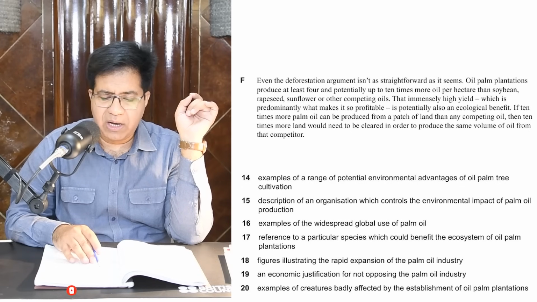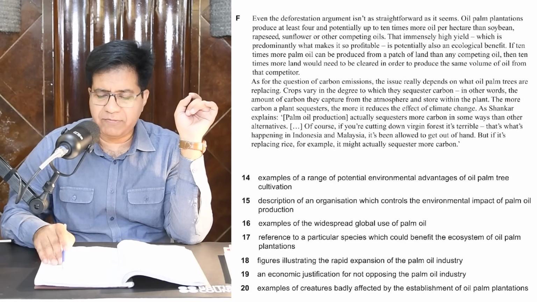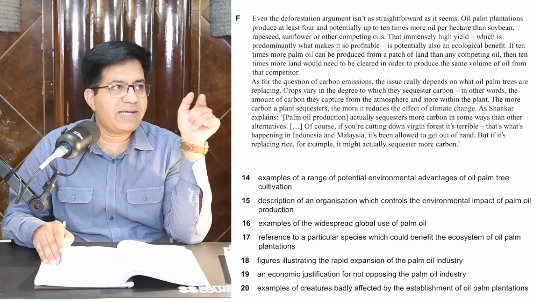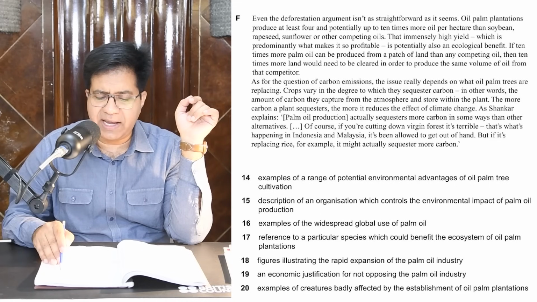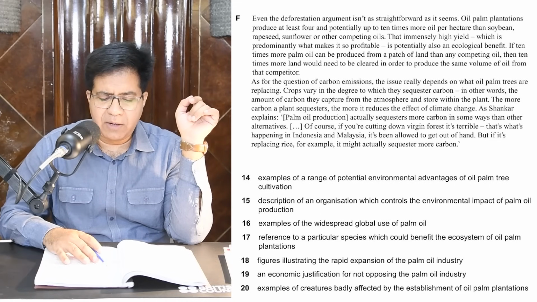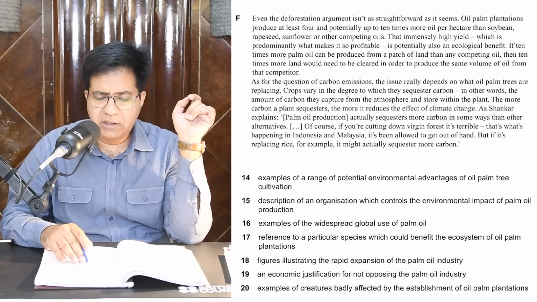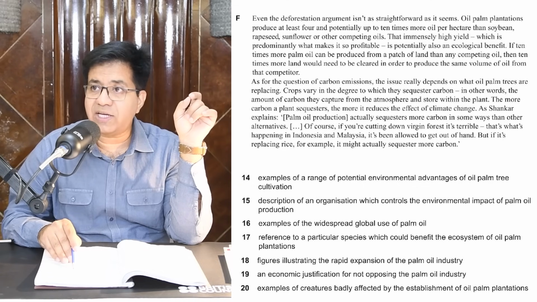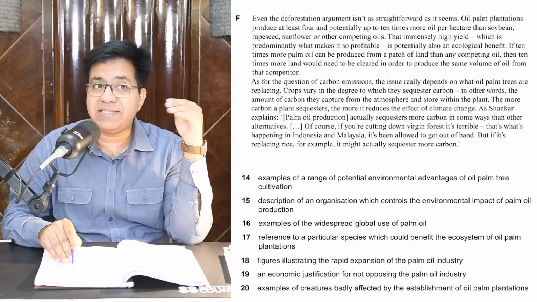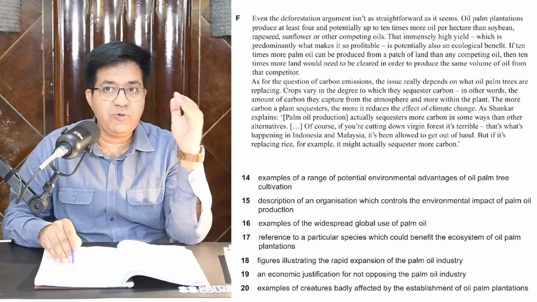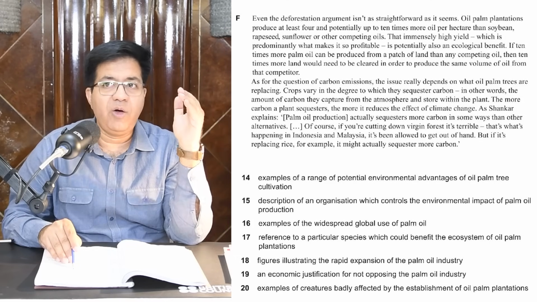One thing. Now come to section F, second paragraph, third line after full stop. The more carbon a plant sequesters, the more it reduces the effect of climate change. It's another benefit. If it reduces the effect of climate change. Now, what is climate change?